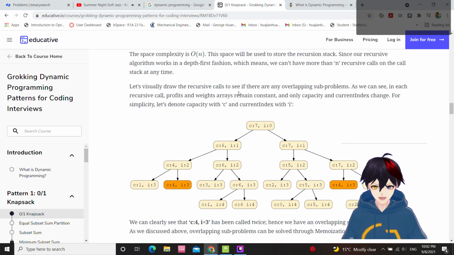Usually draw the recursive code to see if there are any overlapping subproblems. In the recursive code, the profits and weights arrays remain constant. Capacity and current index change.